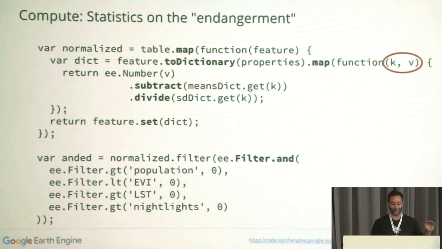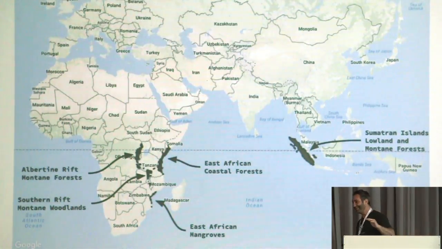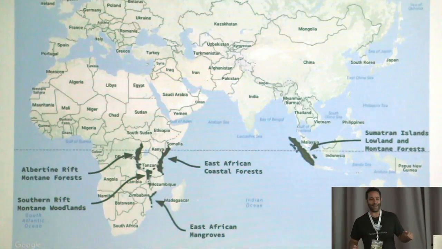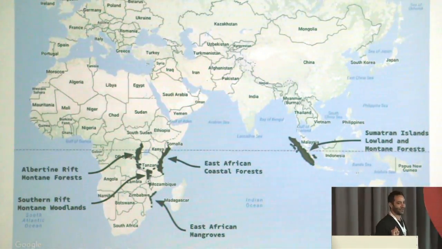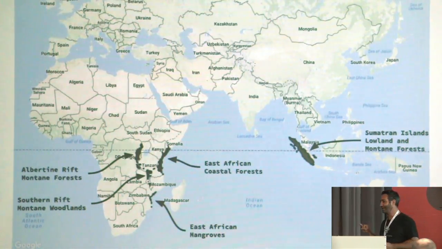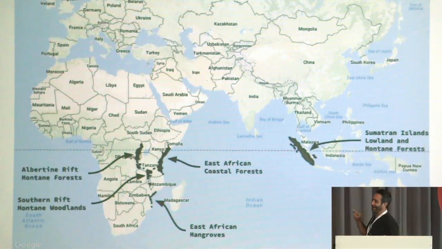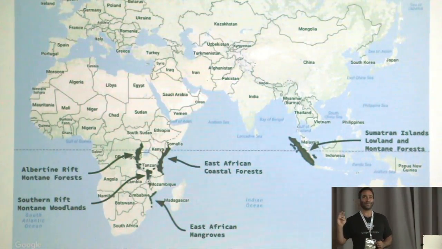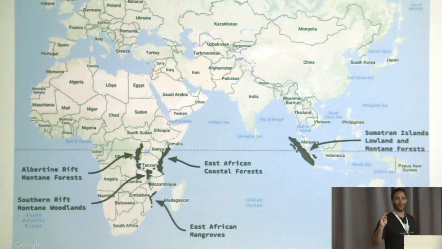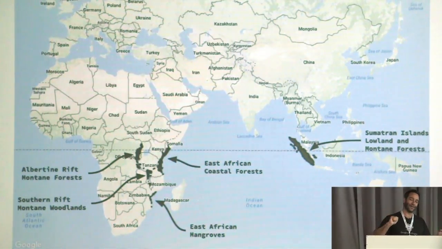Drum roll, please. There they are. The 5 ecoregions that have experienced greater than average population increase, greater than average nighttime lights increase, less than average land surface temperature increase, and greater than average, no, I said that wrong.